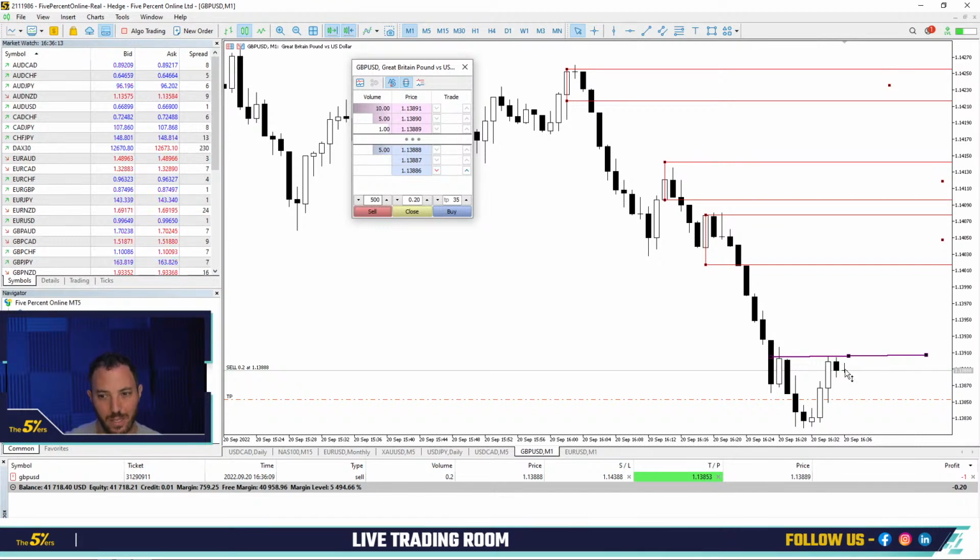So I need to expect the break of that resistance, and I need to be careful, because if that happens, I'm not sure there's a lot here to stop the break higher all the way to the next supply.